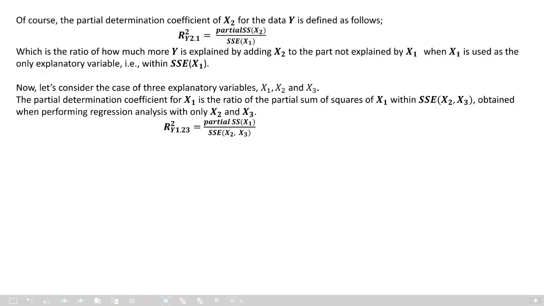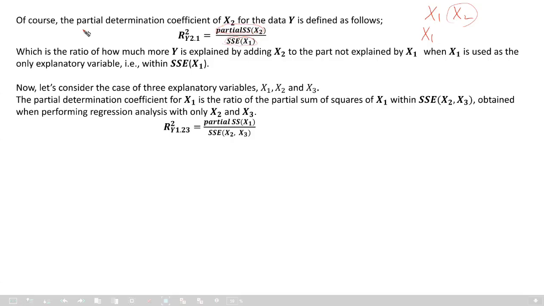All right, next. Vice versa, of course, the partial determination coefficient of x2 for the data y is defined as follows. Now, you first consider x1. You first include x1 only in the model. There is SSE of x1. So, adding x2 in the model later, then you get partial sum of square of x2. This is the increased amount by adding x2 in the model.